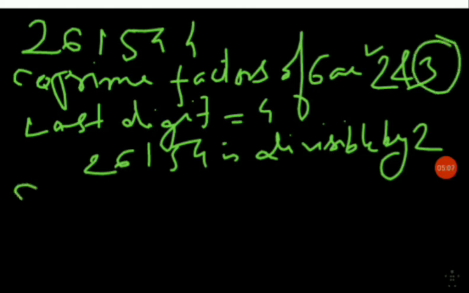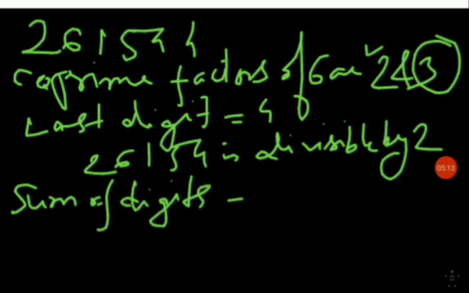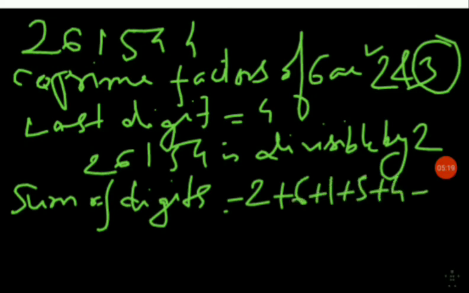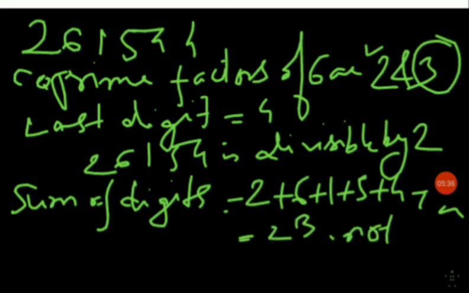So for 3, sum of the digits: 2 plus 6 plus 1 plus 4 plus 5 plus 4. 8, 9, 14, 18, 23. But this is not divisible by 3.